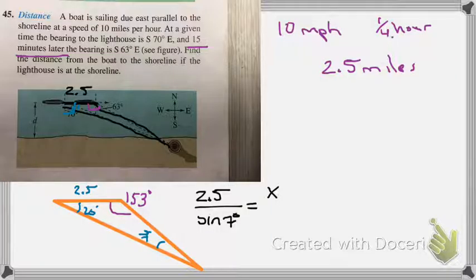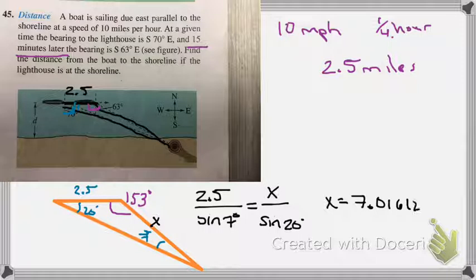The 70 was in one of my right angles, well, the 63 was too. It doesn't really matter. I'm going to choose. So I'm just going to call this x over the sine of 20 degrees. And what that means, when I work that out, I'm going to get x equals 7.016123 miles.